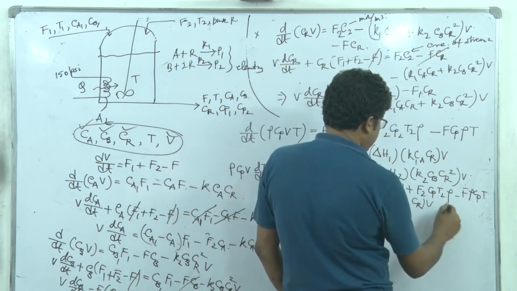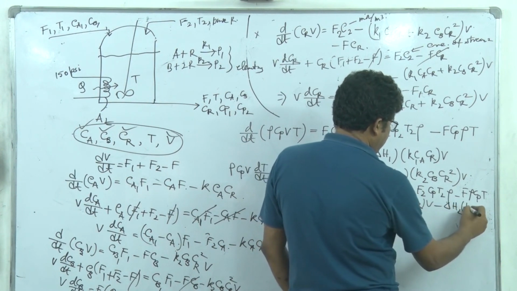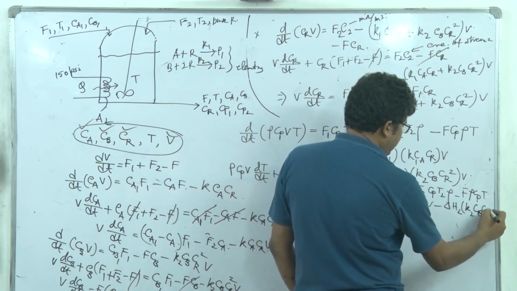So minus delta H2 K2 Cv Cr square into V.